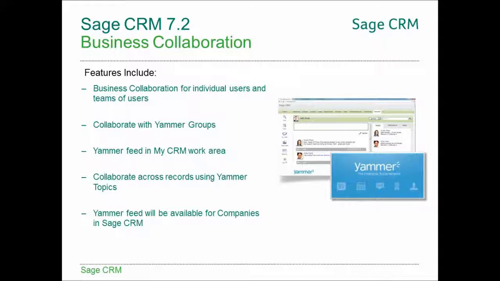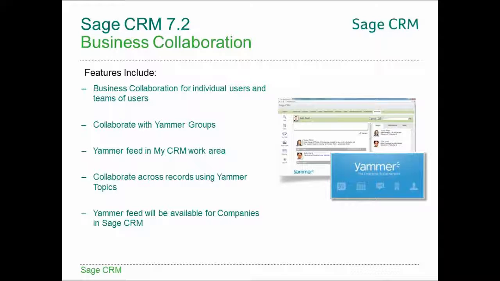Now, in a similar vein, we've also taken another step towards collaboration. Again, we believe CRM should be the hub of every business, but there are times when you would want to collaborate with colleagues, either internally or through the larger connected network of business, such as chatting online and sharing ideas, and that's termed business collaboration.